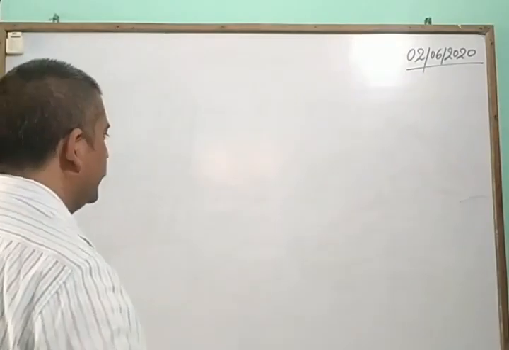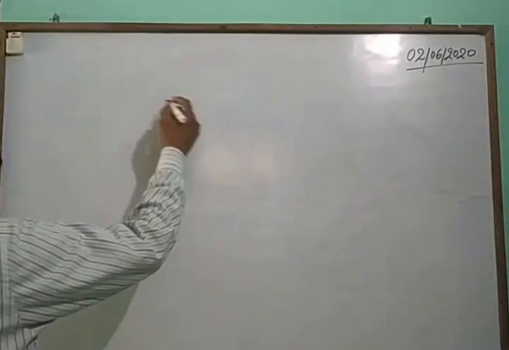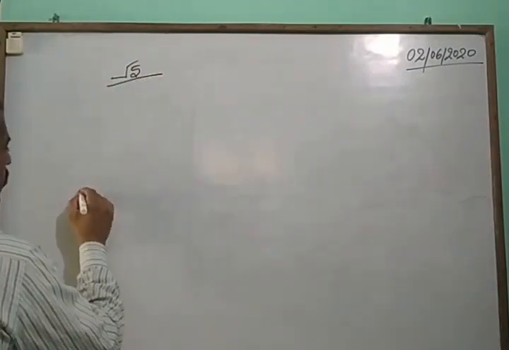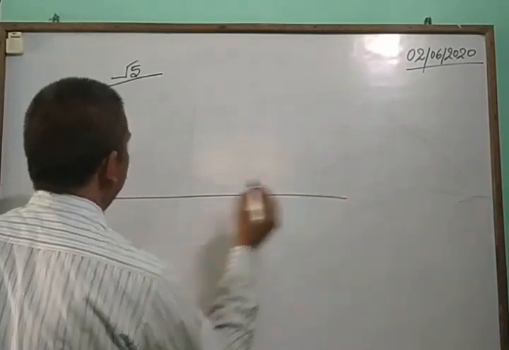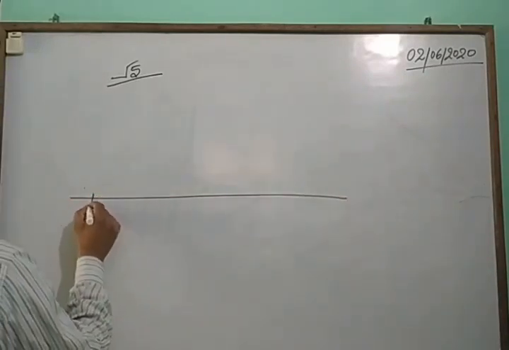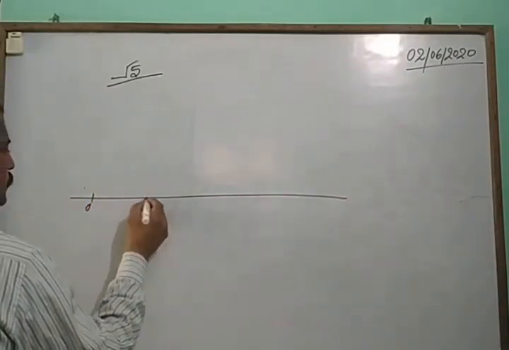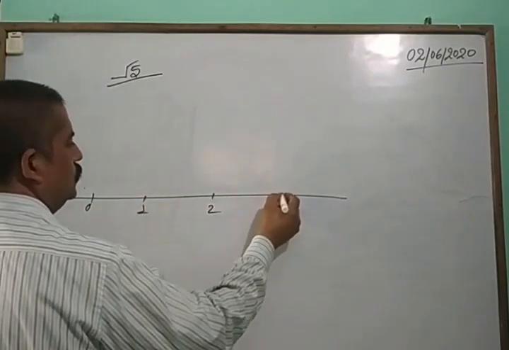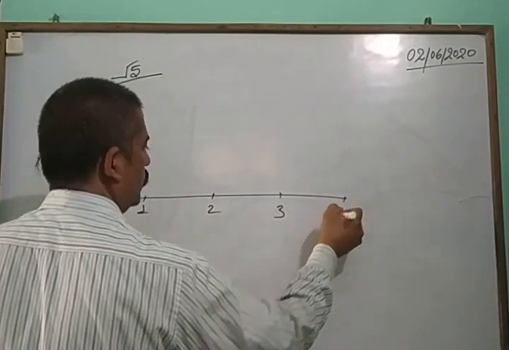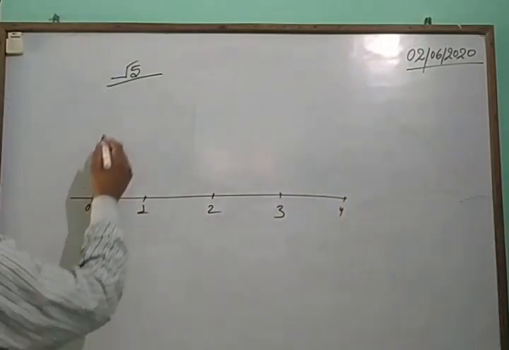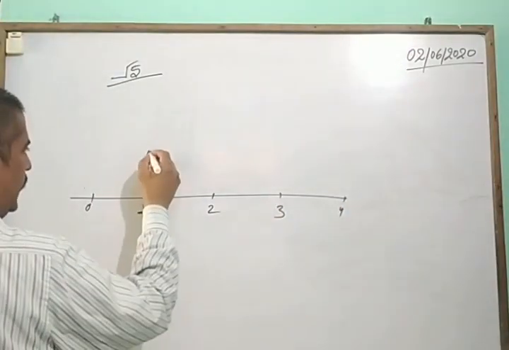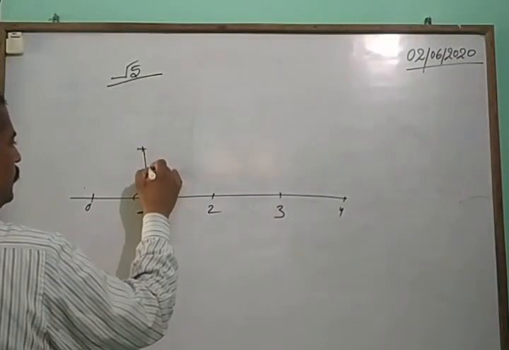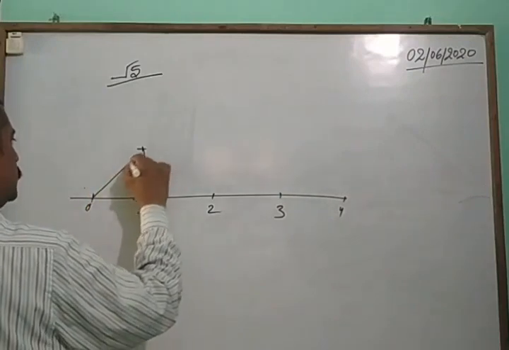The next step: how to represent root 5. Again, 0, 1, 2, 3, 4. First of all we take 1 unit, that is the root 2.